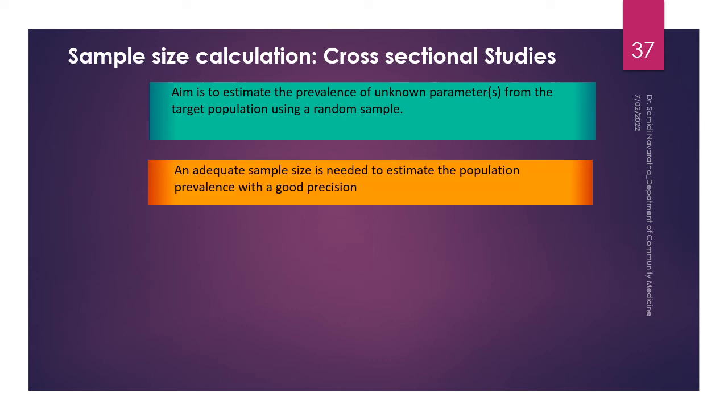So it's important that we calculate an adequate sample size to estimate the population prevalence with a good precision. If you don't get a large enough sample, we won't be able to calculate the prevalence with a good precision. On the other hand, if you take a bigger sample, then it won't be cost beneficial.